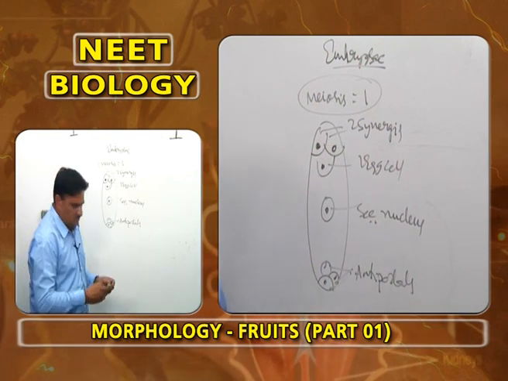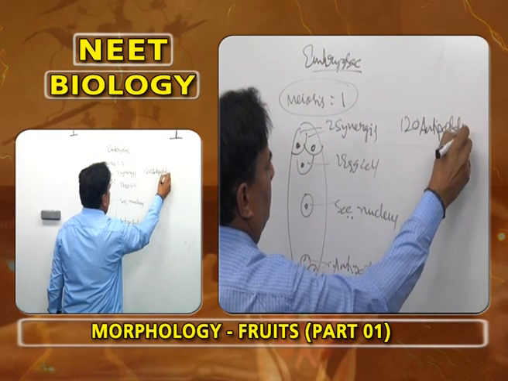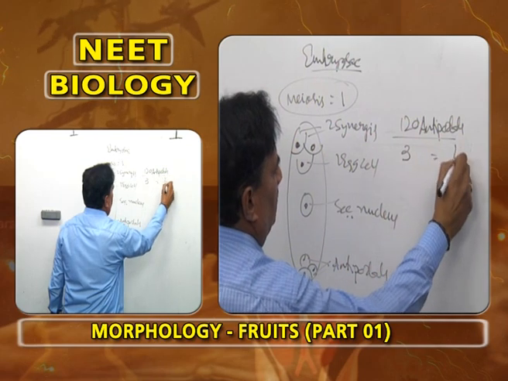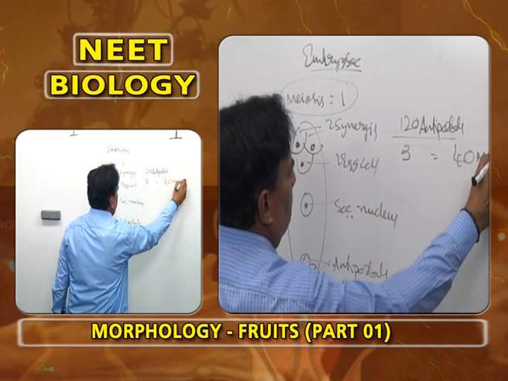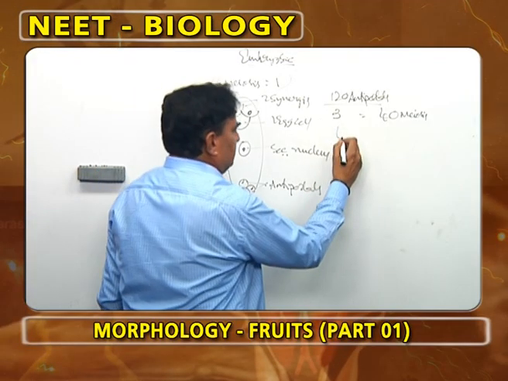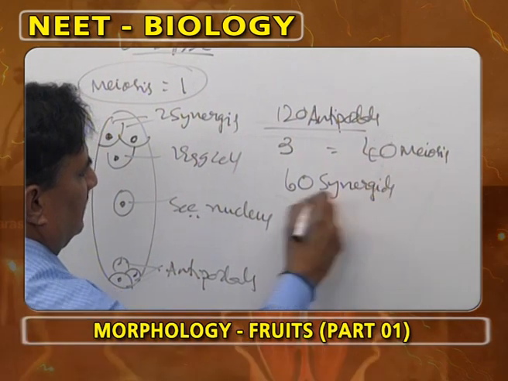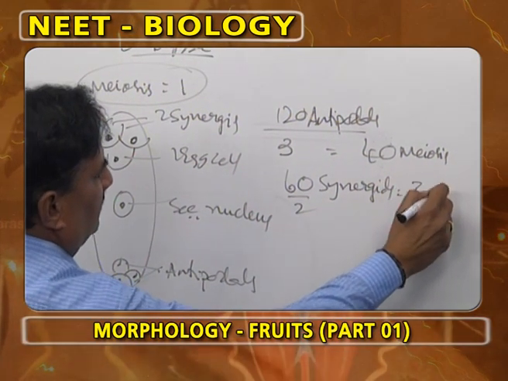So, here 120 antipodals. 120 antipodals means for 3 antipodals 1, so 40 meiotic. 60 synergids means for 2, 30 meiotic.